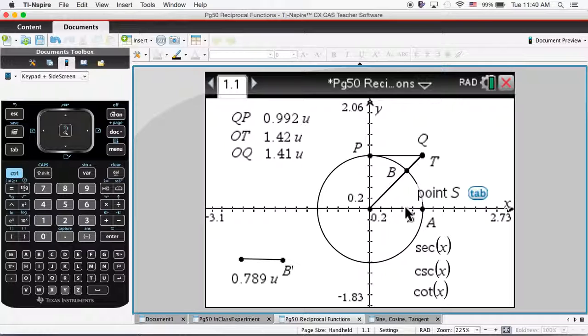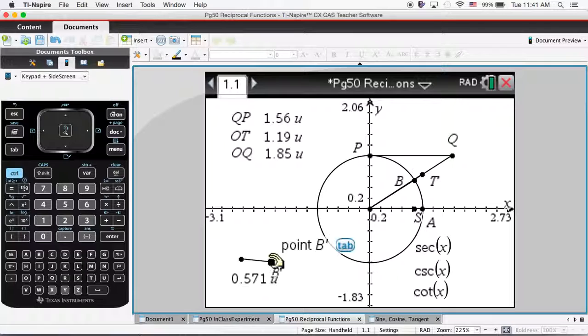And S is the intersection point of the perpendicular line going through B, goes like this, okay? And then T is the intersection point of the perpendicular line going through A, which is (1, 0), and line OB. So line OB goes through there, just like the previous videos.